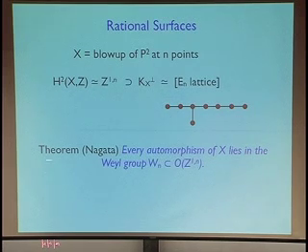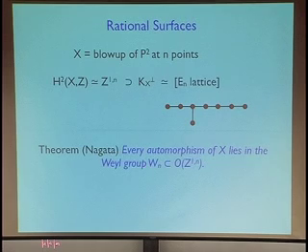And then, of course this lattice has to be preserved, but among the automorphisms of this lattice, there's a special subgroup, namely those generated by reflections in these roots, these elements of the particular basis chosen. And a theorem of Nagata says that, in fact, every automorphism of X lies in the Weyl group, or the Coxeter group, corresponding to this En diagram. So it's a subgroup of O(Z^{1,n}). It preserves the intersection form. But moreover, it has to be an element that's generated by taking products of these reflections.